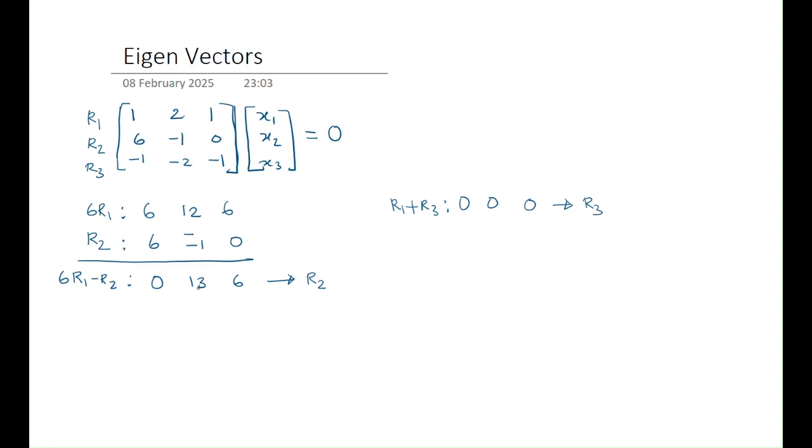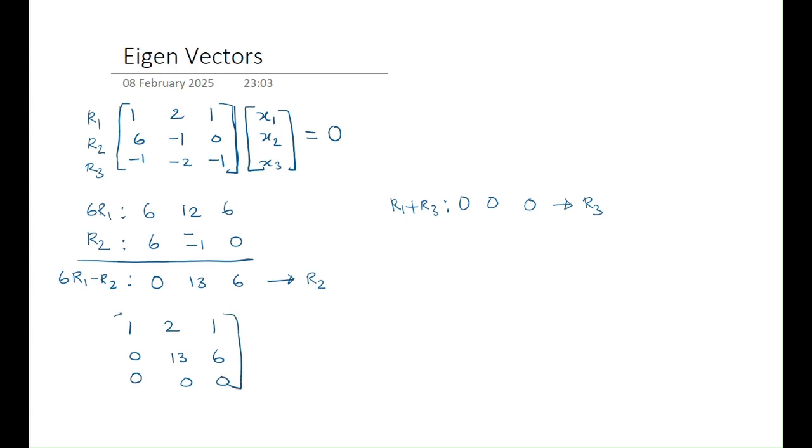Now R2 and R3 are replaced with new values. So R1 there is no change, 1, 2, 1. R2 I have 0, 13 and 6. And R3 is 0, 0, 0.